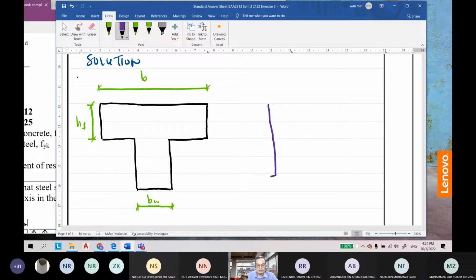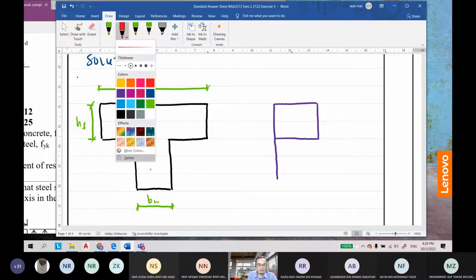You can use your ruler. This is for the compression part.